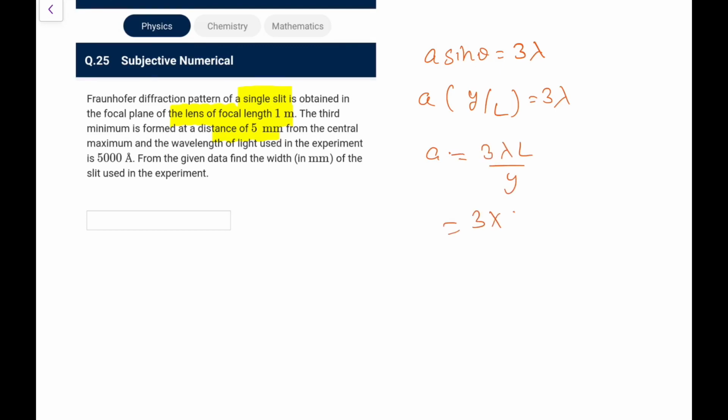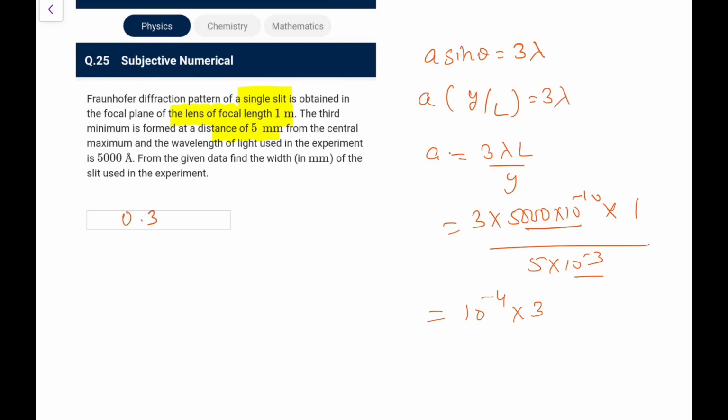So lambda is 5000, that is 5000 into 10 to the power minus 10, and this length is the focal distance, that is 1, and this y is given as 5 mm. So what we have, this is 10 to the power minus 7, 10 to the power minus 3, that is 10 to the power minus 4 into 3, 5 and 5 cancel. So the width of the slit would be 0.3 mm. So go for option 0.3.